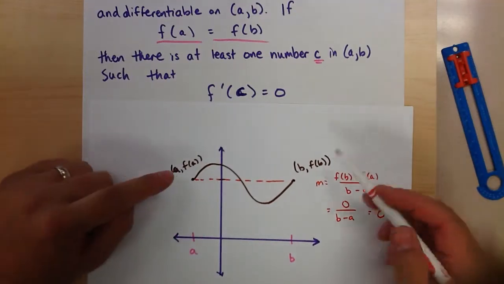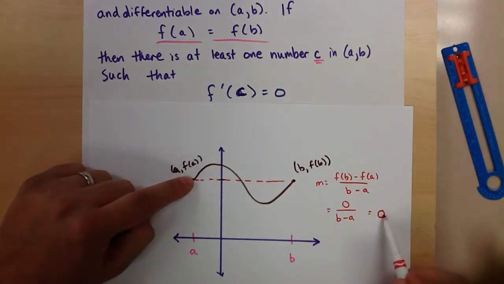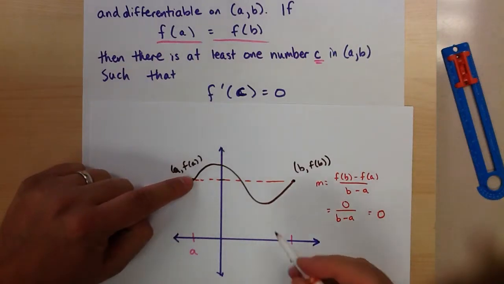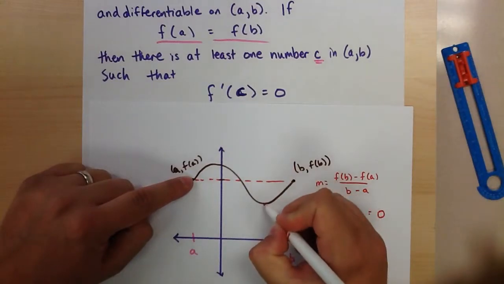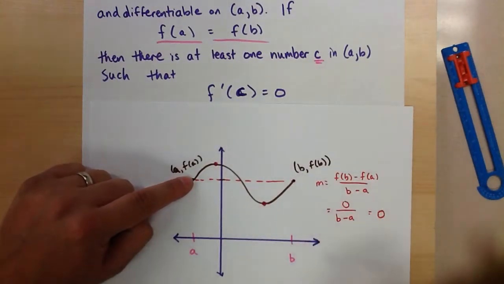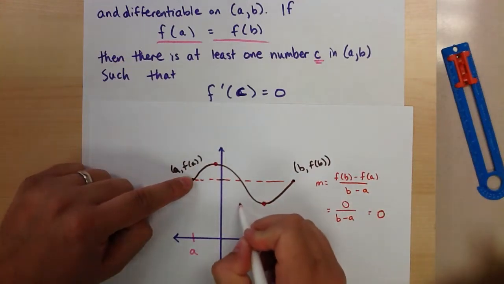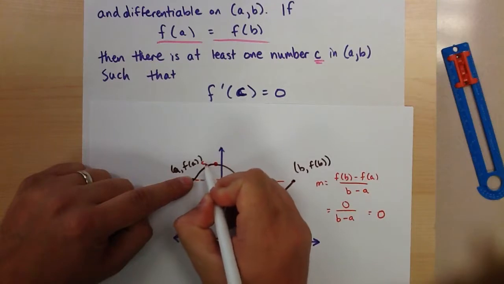They're saying, hey, isn't there somewhere in between these two points that also has the same slope? Well, sure. Hopefully you can understand that right here and right here, we also have the slope of those tangent lines being 0.